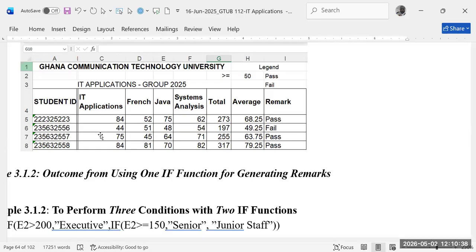No, C7 colon... That is tautology. You are adding. You are using sum. Once you use sum, use range. So C7 colon what? Means from here to where? Where's the last end? F7. Yes.